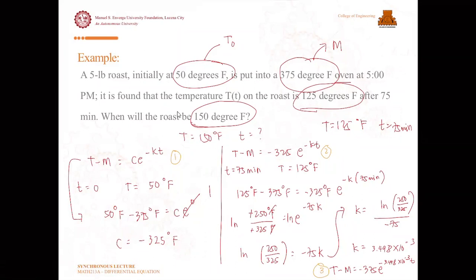No? So, try nating i-solve na yung pinaka-question natin. Tinatanong ngayon is, kailan magiging 150 degrees Fahrenheit yung temperature ng turkey natin or after ilang minutes, no?